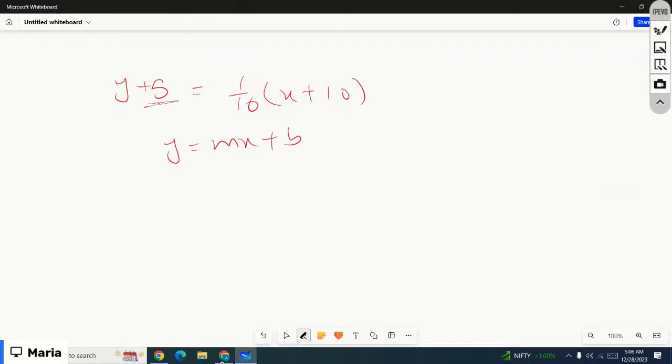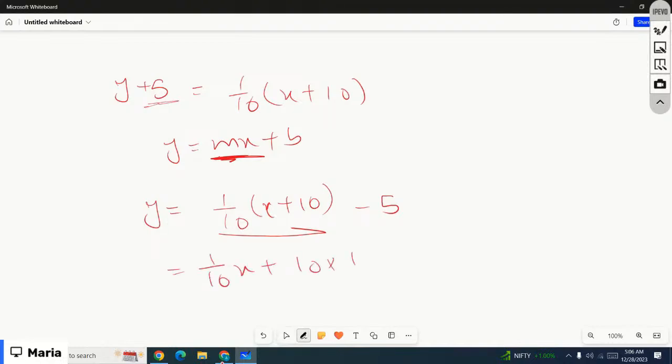So first you have to isolate the y, move that 5 to the other side. So y equals 1 over 10 times x plus 10, minus 5. Now multiply everything with 1 over 10. That is 1 over 10x plus 10 times 1 over 10, minus 5. The 10 and 10 cancel out, you are left with y equals 1 over 10x plus 1 minus 5. So 1 minus 5 is negative 4.